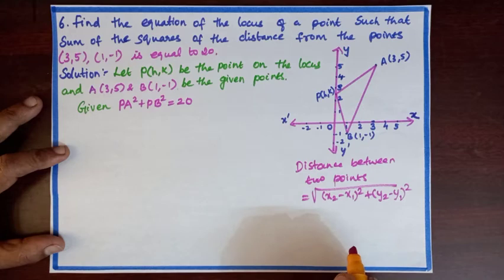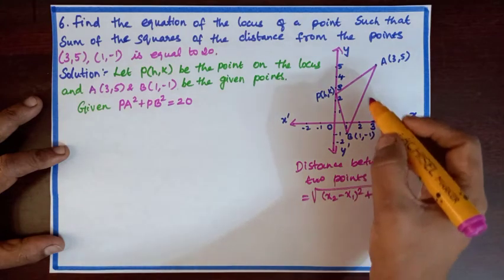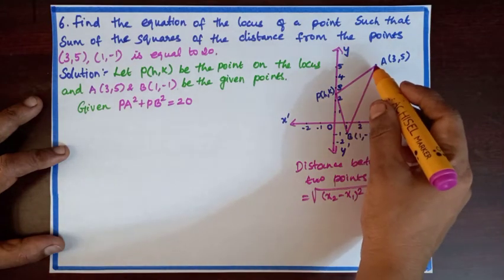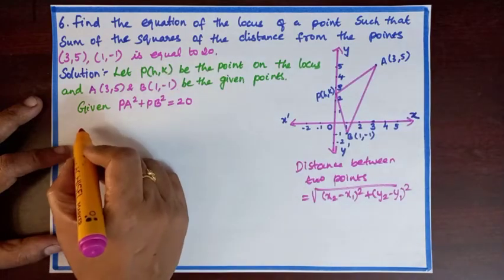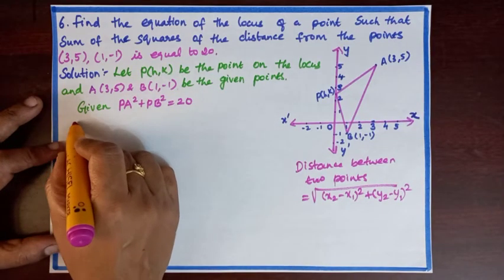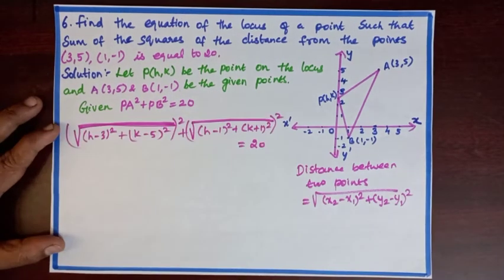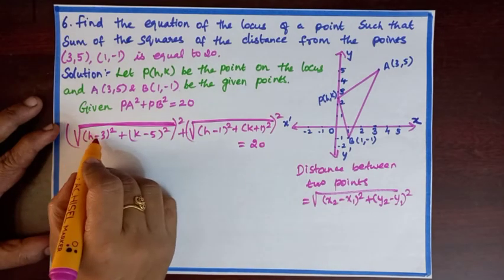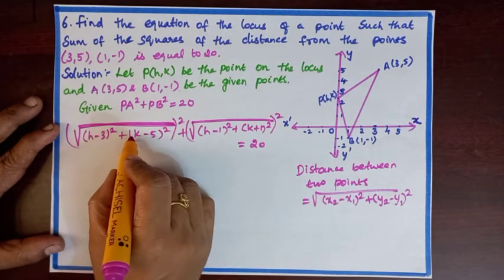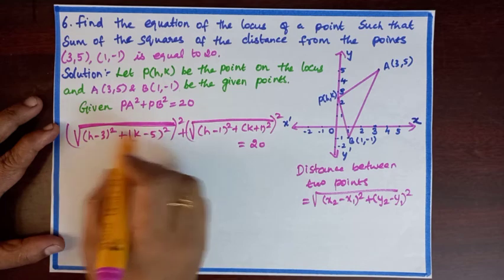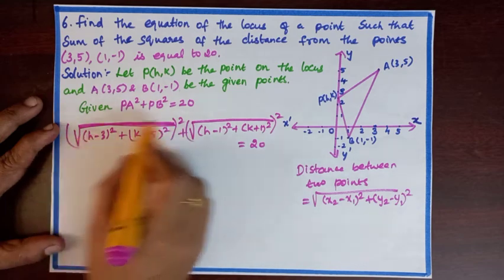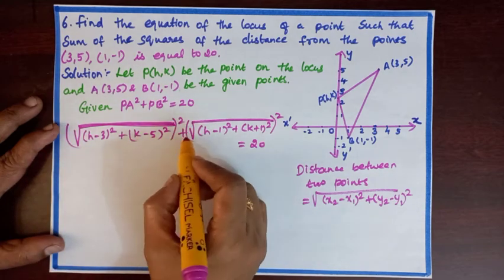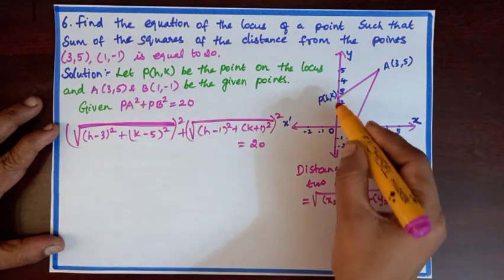Now we are going to find the distance between P and A. PA square means root of (h minus 3) the whole square plus (k minus 5) the whole square, the whole squared. Now the square and the root will be cancelled. Plus PB square.